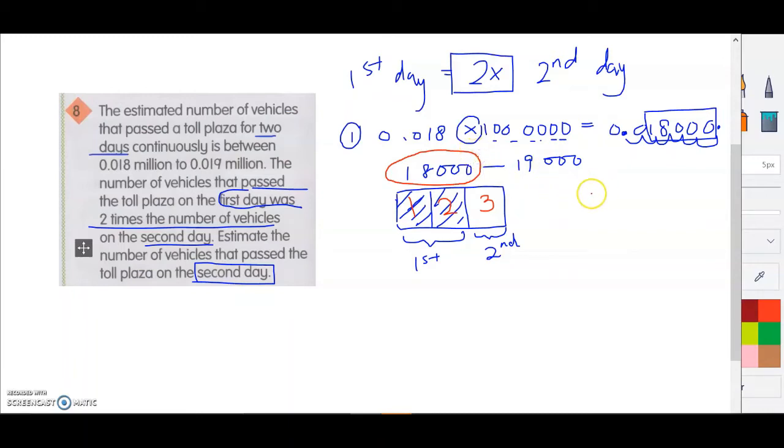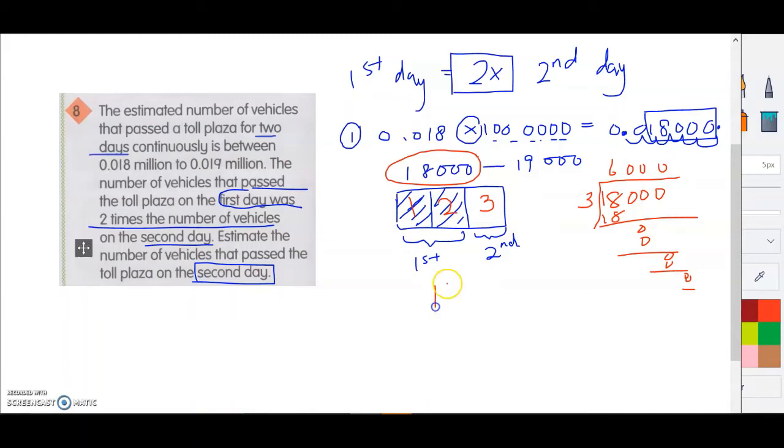So we can take 18,000, we divide by 3 parts because there are 3 parts. So you divide, all zeros here, 0, 0. So 1 part is 6,000. Okay, 1 part is 6,000.